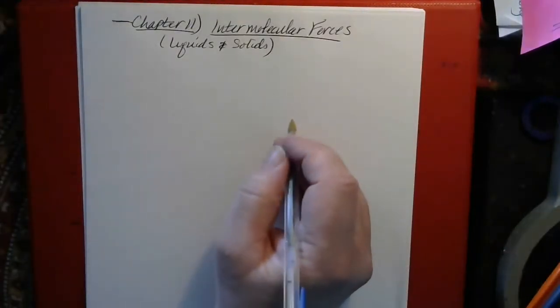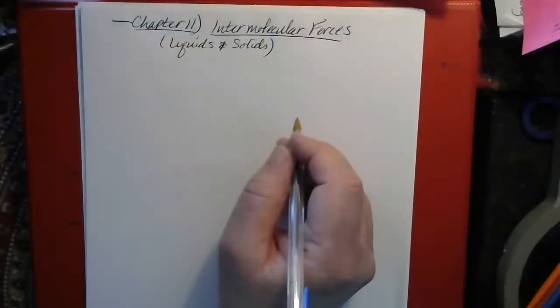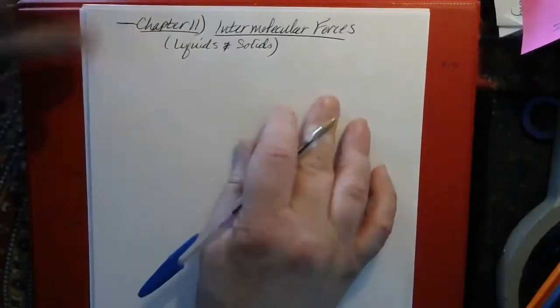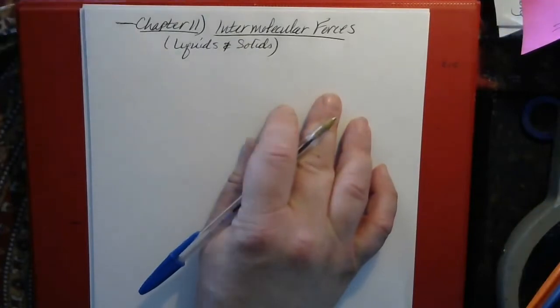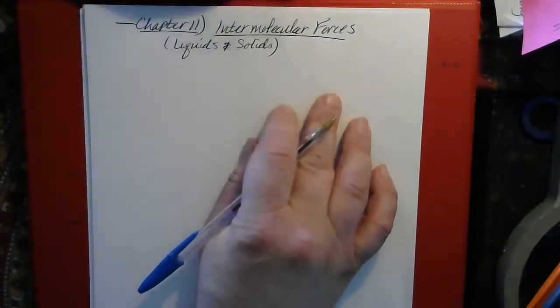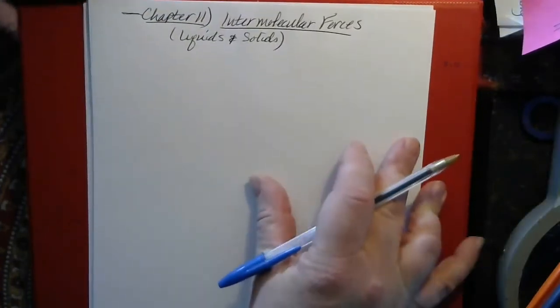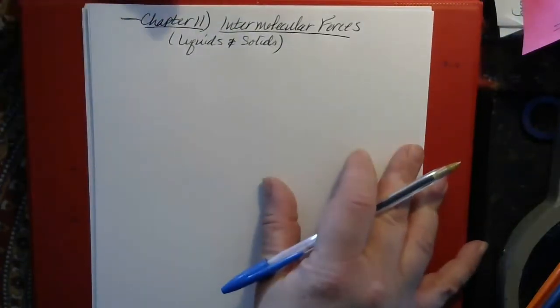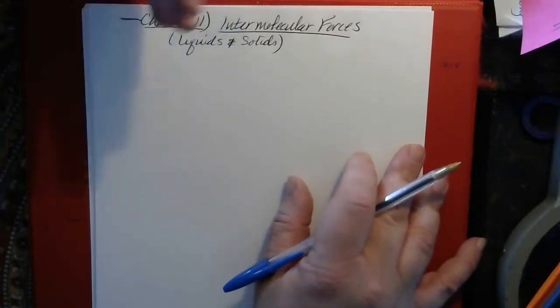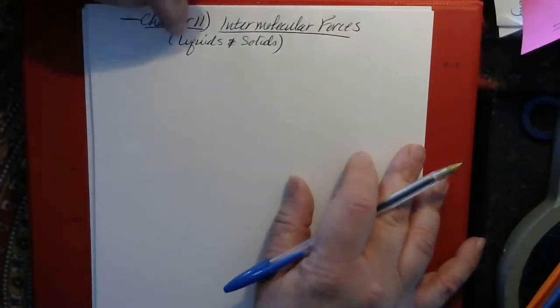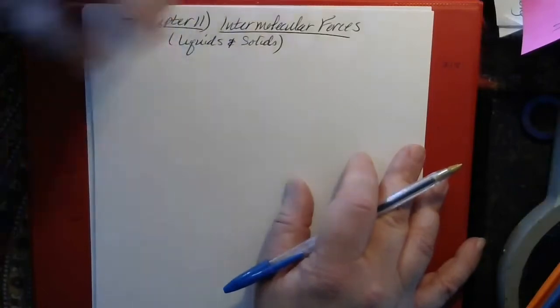Okay, so to begin Chapter 11, Chapter 11 is about intermolecular forces, and that's really just another way of saying that it's about liquids and solids, because what distinguishes liquids and solids from gases is the fact that gases basically have no intermolecular attractions, that is, no attractions between the particles that make up the overall substance, and liquids and solids do.